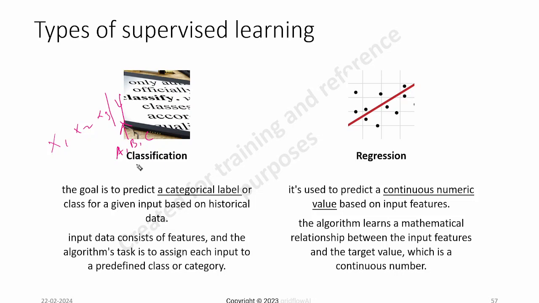Those kind of applications are called classification problems. Now, the other problem is again based on input data x1, x2, x3, and the y can be sales amount or profit or defect percentages or ratios or whatever. So that's called regression problem.